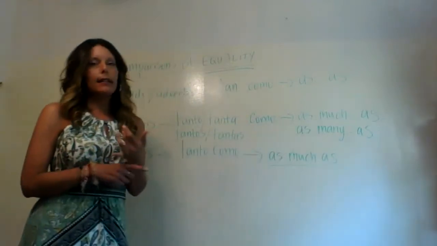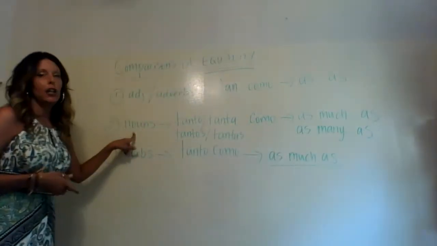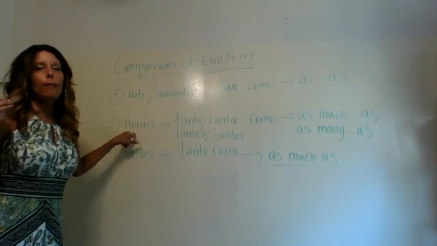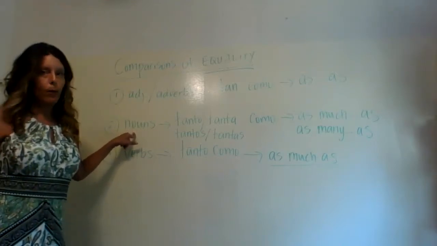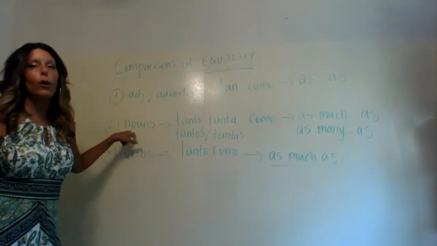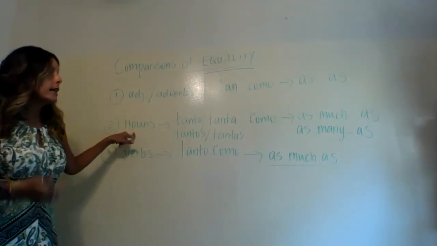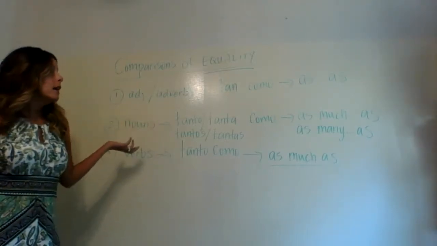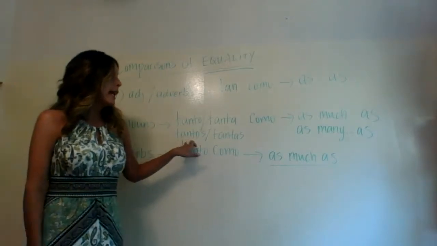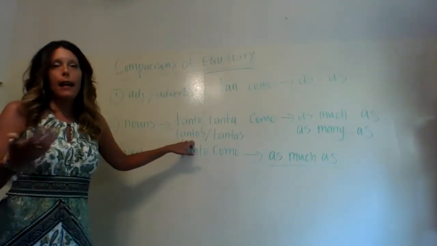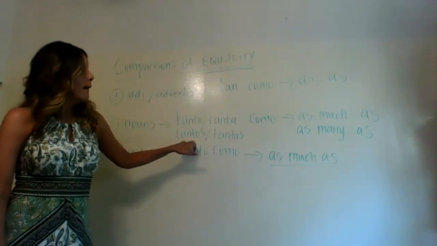So where you see the dot, dot, dot is where you're going to usually find your noun in the sentence. So maybe something like, again, making a parallel structure to our examples that we did in the prior video with comparisons of inequality, with these comparisons of equality, this sentence might be, if we were using tantos, I have as many dogs as she has.